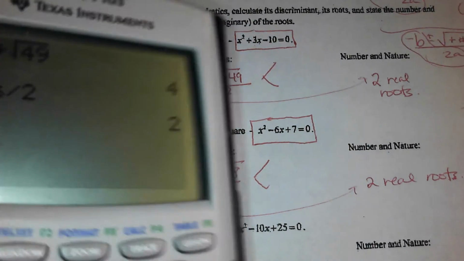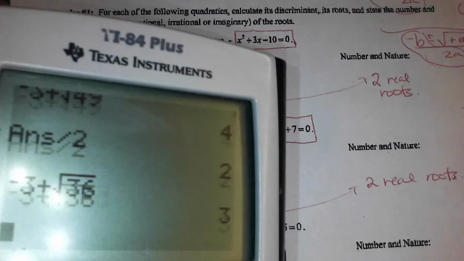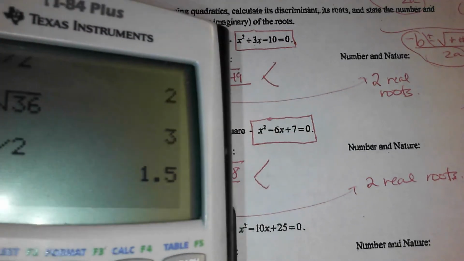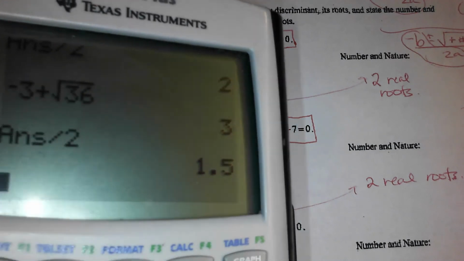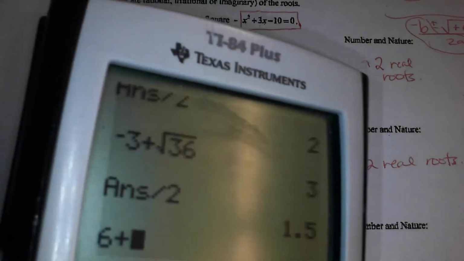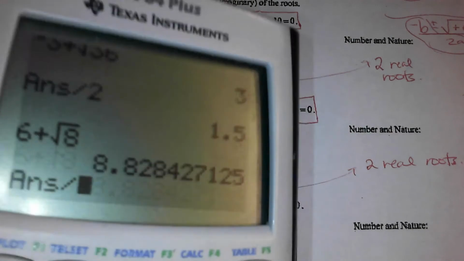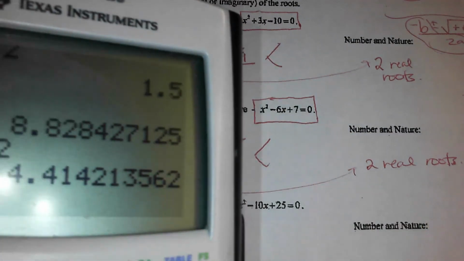Sometimes you could get, what if I did negative 3 plus the square root of 36 divided by 2? That's not a whole number, but it's still nice, right? Versus in this one, if I do 6 plus the square root of 8 divided by 2, that's what we would call not nice. So what's nice versus not nice in math?